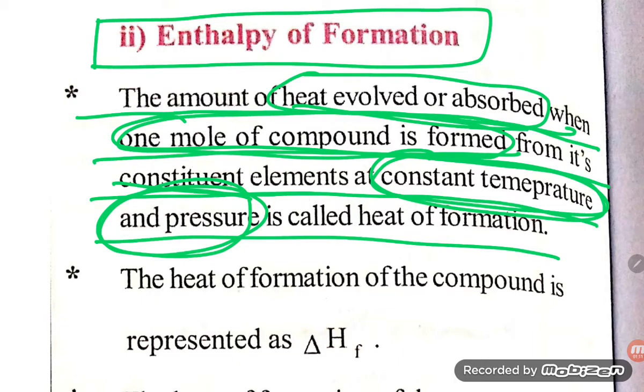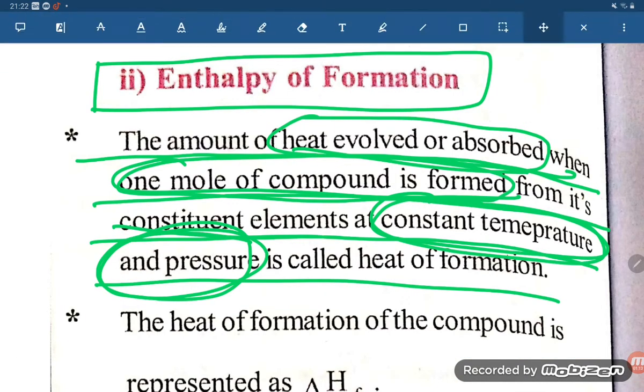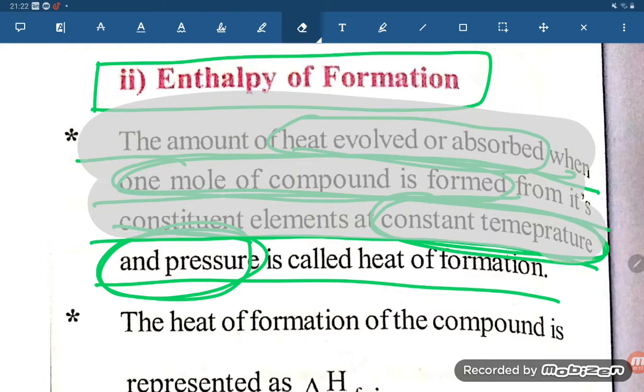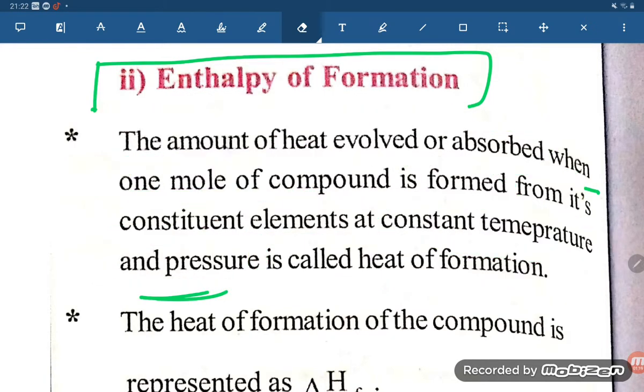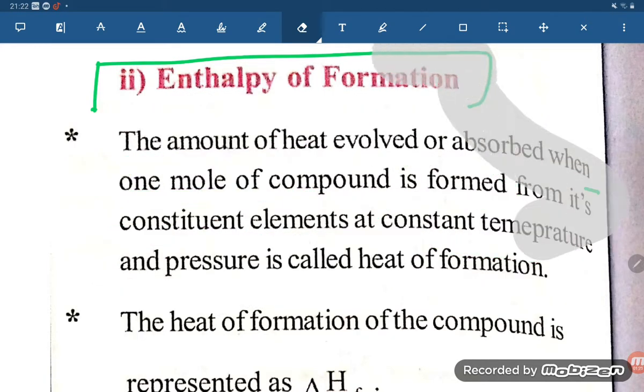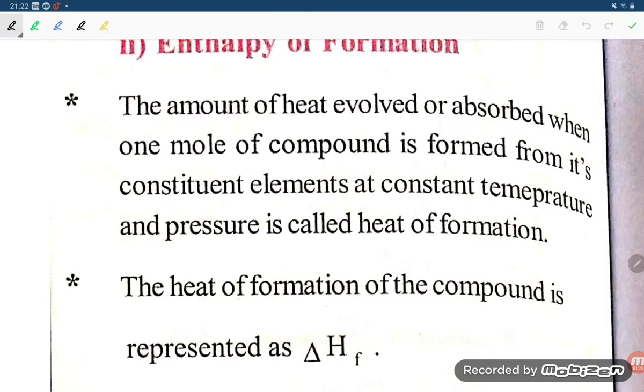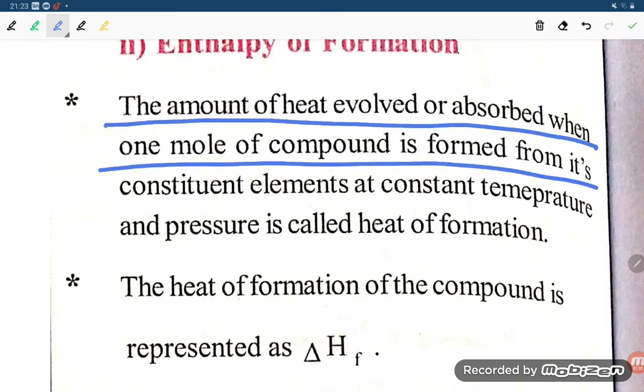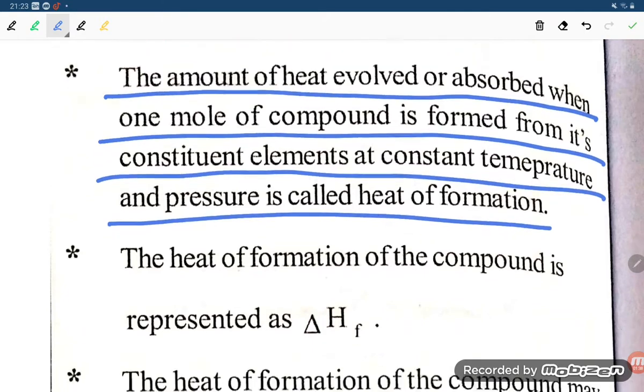Okay, so while solving the problem, students, you need to be very careful about the definition. We have to consider the enthalpy of formation from the constituent elements. The amount of heat evolved or absorbed when one mole of compound is formed from its constituent element at constant temperature and pressure is called heat of formation.